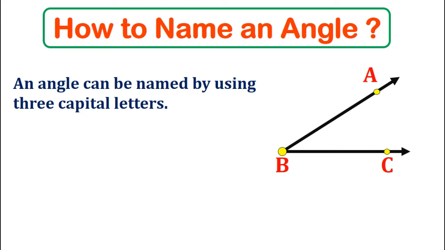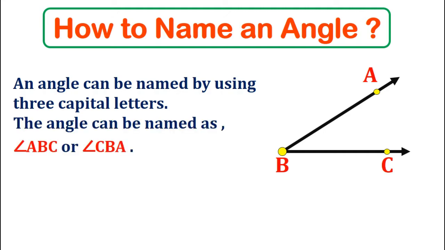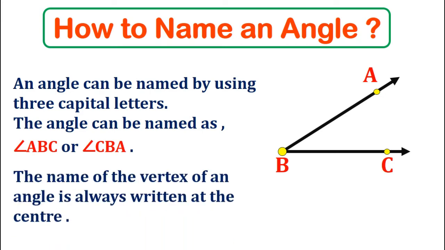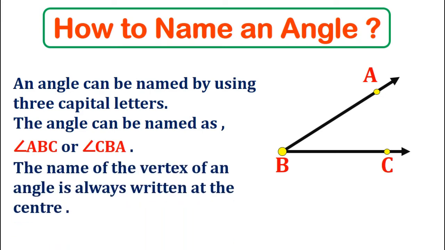The vertex of the beside given angle is B. So this angle can be named as angle ABC, or we can also name it as angle CBA. It is very important for us to remember that the name of the vertex of an angle is always written at the center. Here, since the common point is B, both the names have B in the center.